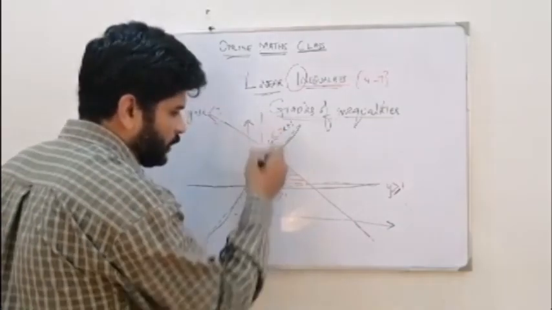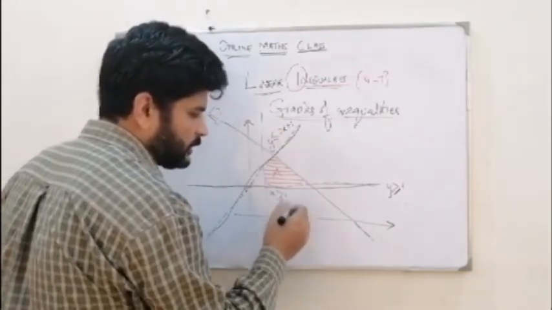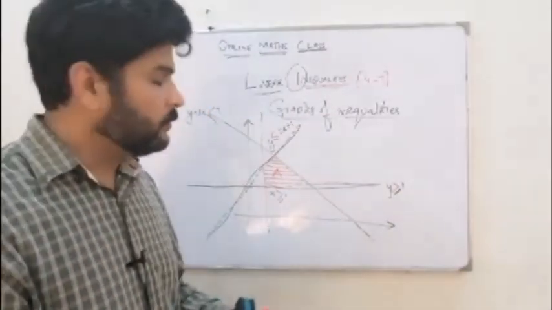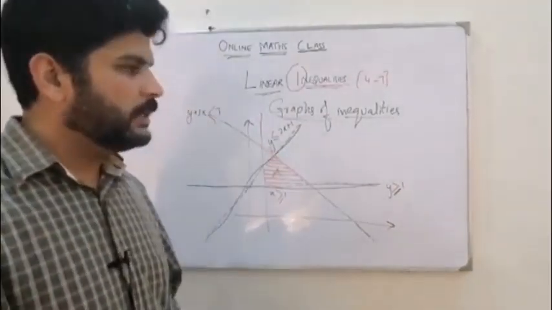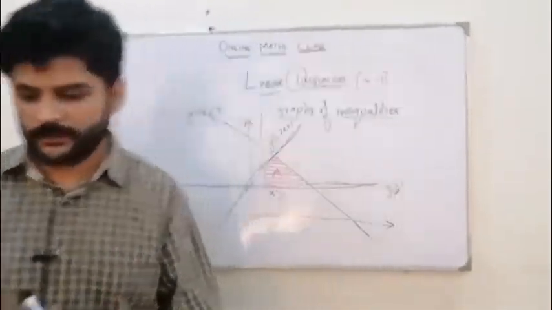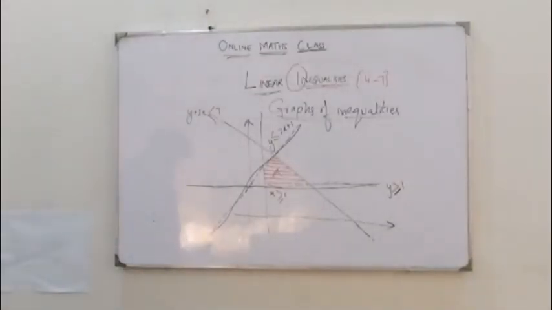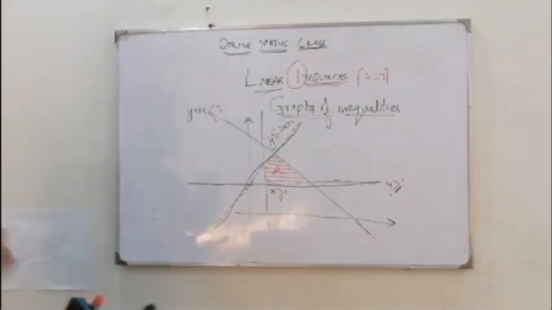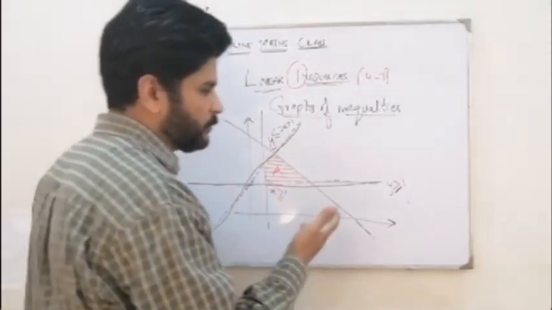If this is already solid, I am going to write x is greater than or equal to 1. So for a solid line you use equal to as well, while for the dotted line you use only the less than or greater than sign. So I hope you got this concept of these graphs.